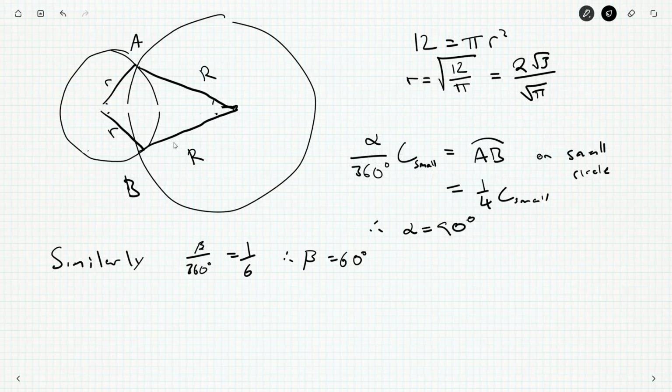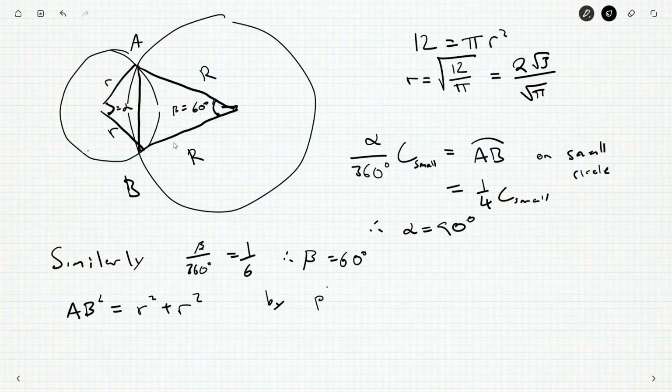While I can't say that the arc lengths are the same, I can say that the length between A and B is the same. And now I can say, AB squared is r squared plus r squared by Pythagoras. And I can also get it in terms of 60.